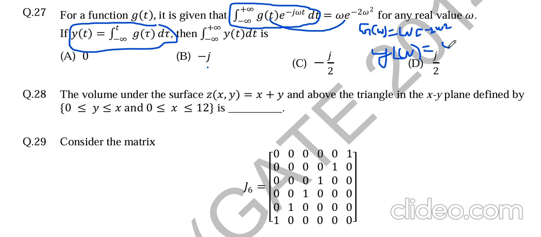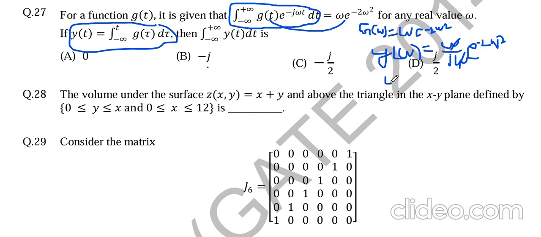So we get Y(omega) is equal to omega by j omega e to the power minus 2 omega square. So omega and omega cancel.